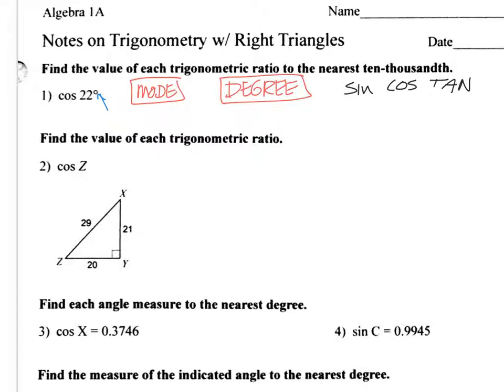We type in the numeric value here, which is 22 on the calculator, and then press enter. It says to the nearest 10,000th. So let's think about it: tenths, hundredths, thousandths, 10,000ths. That'd be 4 decimal places. So in this case, it's 0.927, and the next digit is 8, so that rounds up to 2. So rounding, that would be our numeric value. So not bad there. You just got to type it in on the calculator.